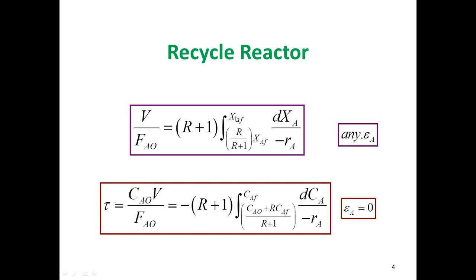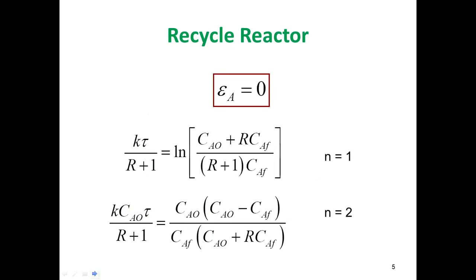If the expansion factor is 0, this is your formula to use. Okay, this one would be okay whether your epsilon is 0 or not. Both of these formulas are taken from Levenspiel.